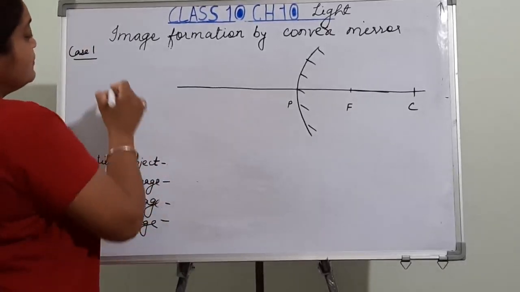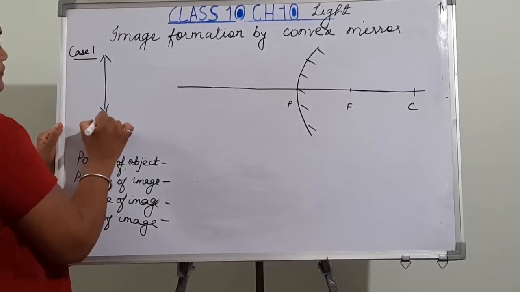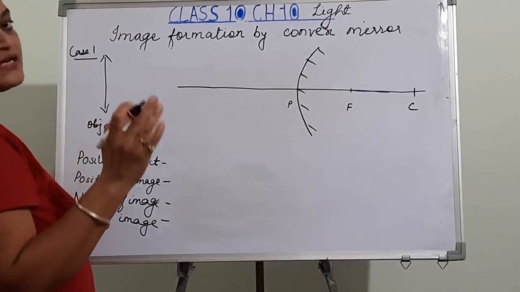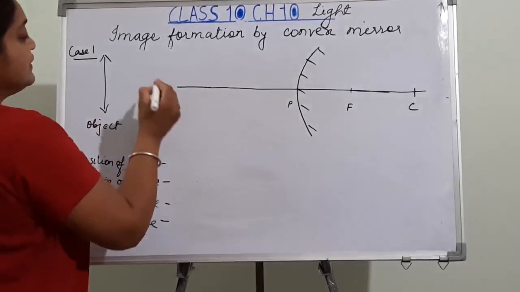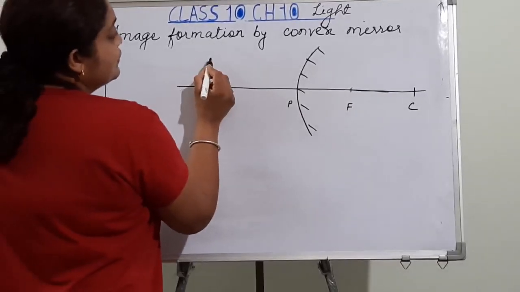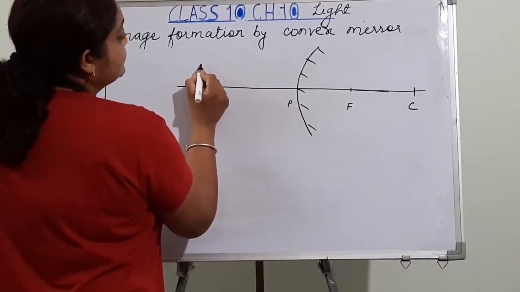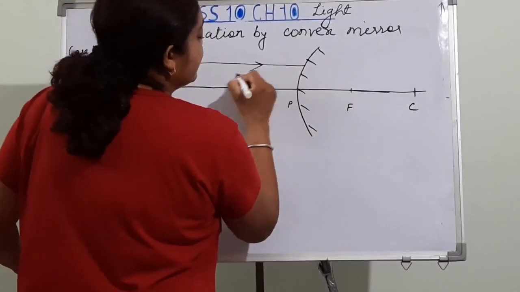Now, the first case is when the object is at infinity. When the object is at infinity, the rays come parallel to the principal axis. The rays are taken parallel to the principal axis. So this is the first incident ray.